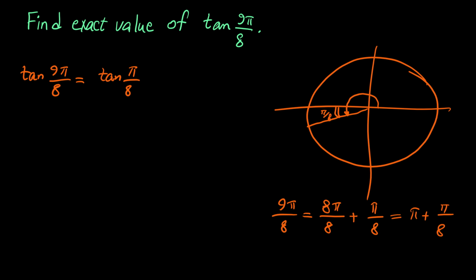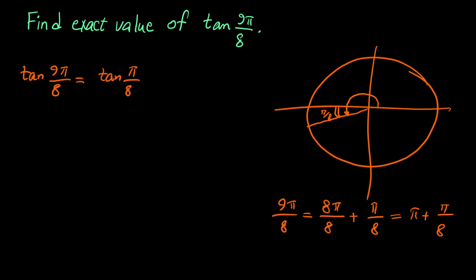If it was negative, you would have to put a negative here. But because in the third quadrant, similar to the first quadrant, the tangent is positive, tangent of 9 pi over 8 is equal to tangent of the reference angle, which is pi over 8. Remember, all students take calculus. In the third quadrant, tangent is positive.